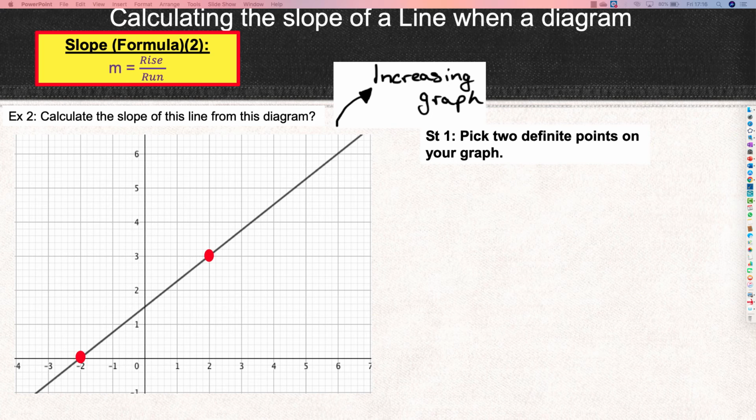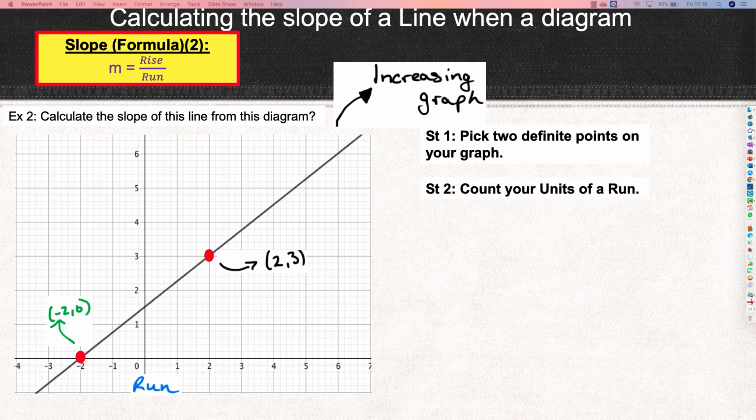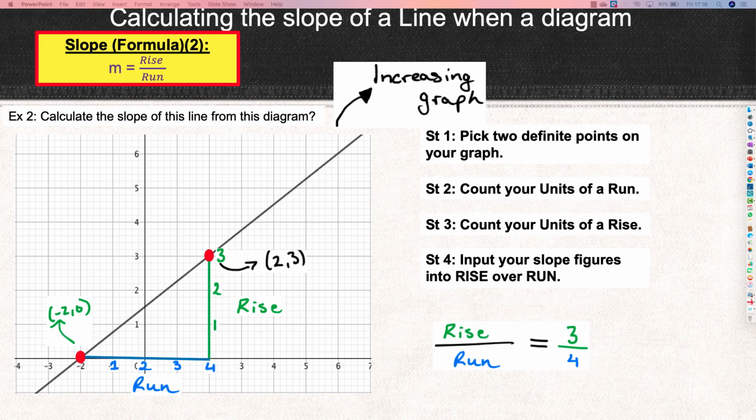I'm running 4, aren't I? And how far am I rising? Exactly. I'm running 1, 2, 3, 4, and I'm rising 1, 2, 3. We see how it's the exact same as functions, isn't it? This is where it comes from. This is coordinate geometry. Therefore, my slope is 3 over 4. Simple as that. We've done that before.